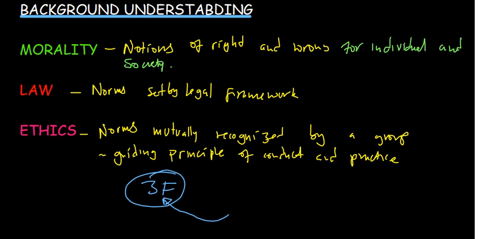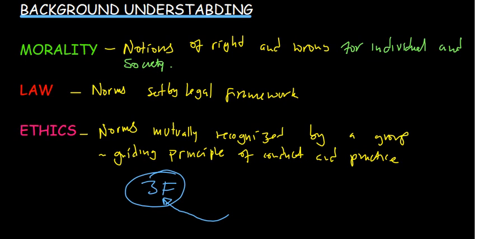Those are principles which have been set by a group as a guiding principle of conduct and practice. You can do everything, but don't fail, don't fish, and don't fight. So we can call those ethics. So that is it about the background knowledge: morality, law, and ethics.